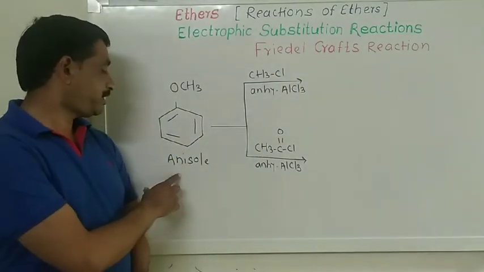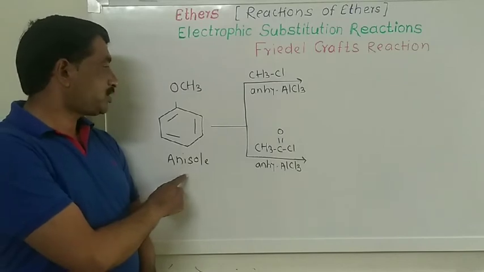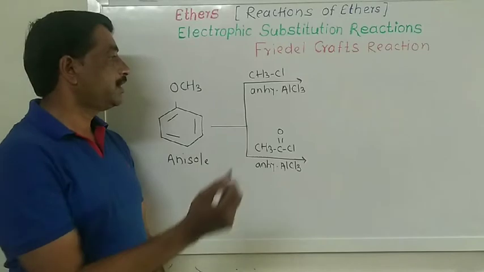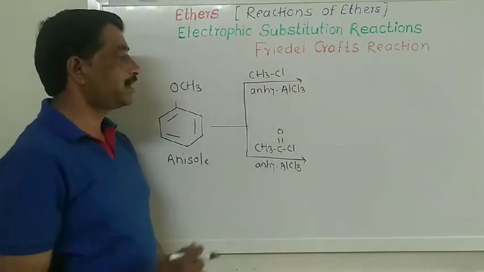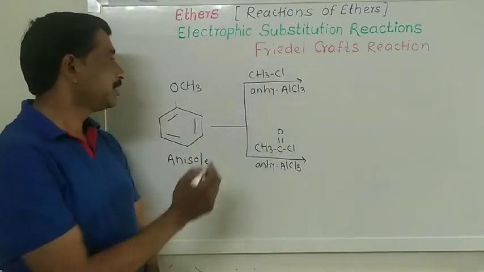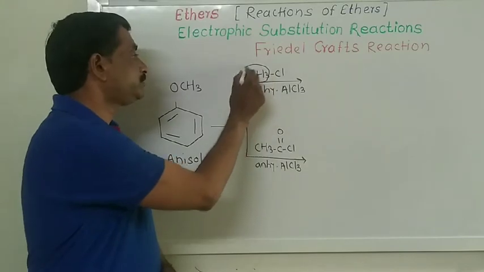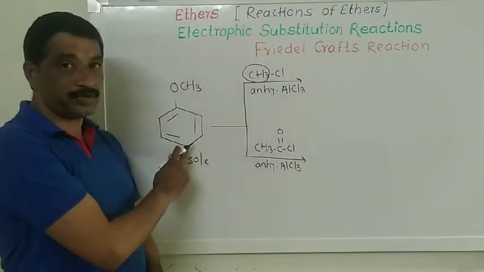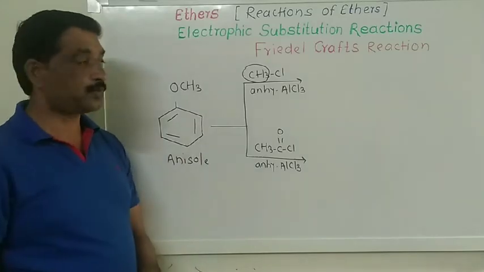So here we take anisole. When anisole is reacted with, suppose, methyl chloride in the presence of anhydrous AlCl3, then the methyl group is added at the ortho position and para position. So we get two products.